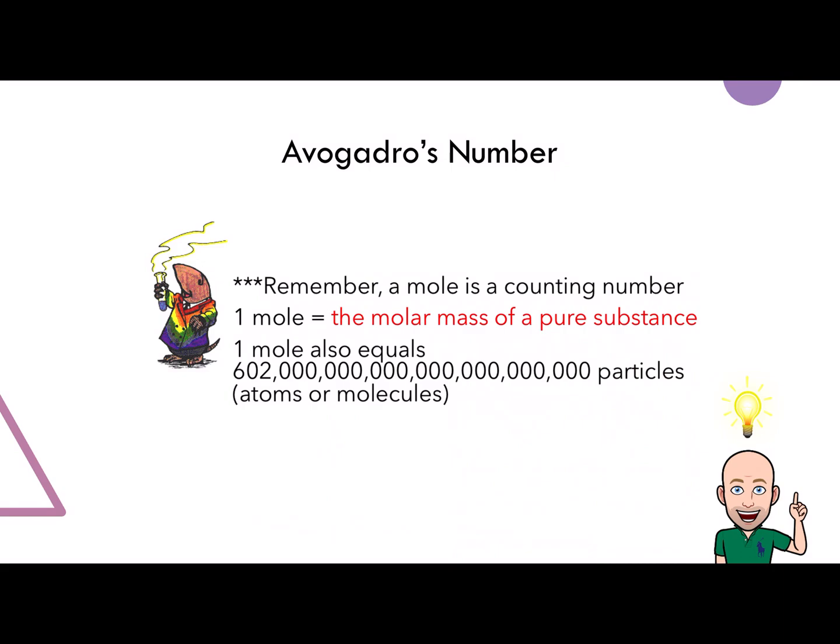It's a counting number, it's a massive number, and because it's so large, we put it in scientific notation. You know this because we've been talking about this for a minute now, right? 6.02 times 10 to the 23rd. That's the number we're going to use for all the conversions we're making today.